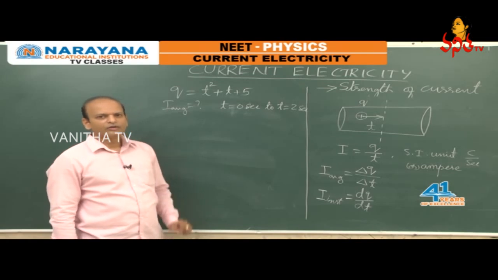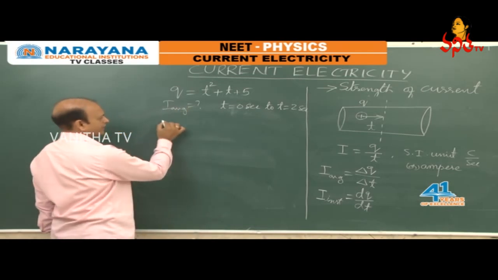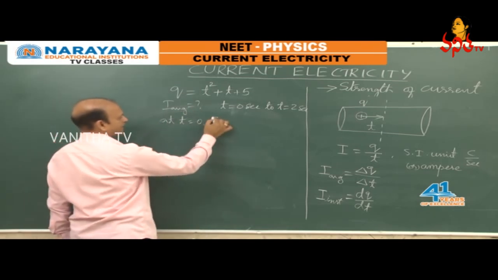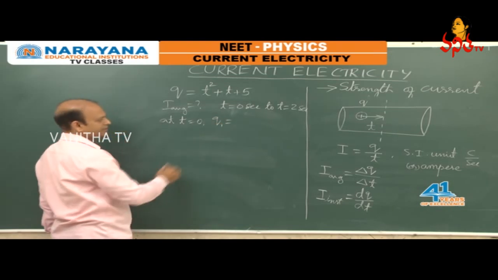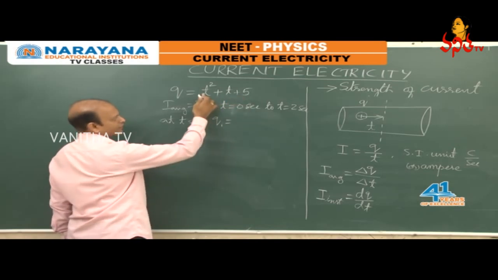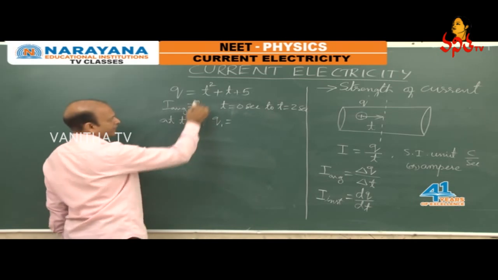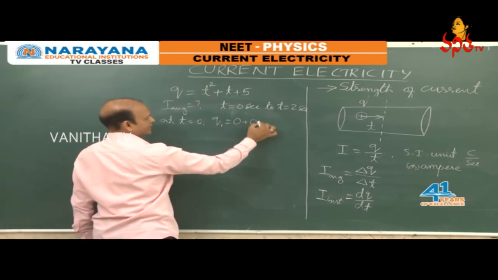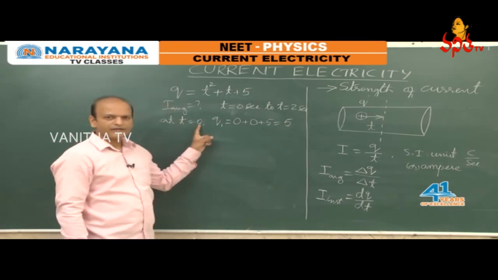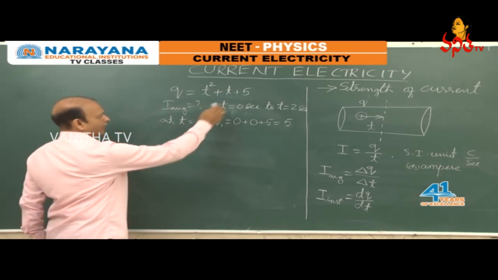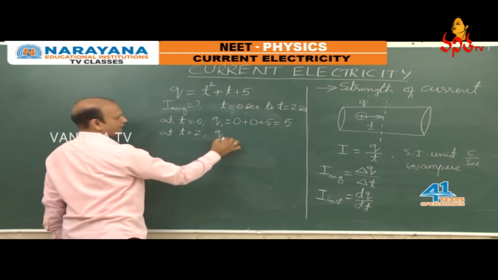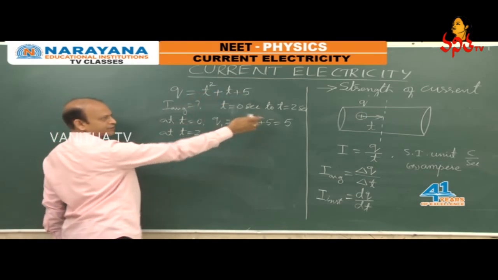Now, for that, if you look at this equation, at t equal to 0, what is the charge passing? In the first instant, it is t square plus t plus phi. Wherever t is there, we have to substitute 0, then 0 square plus 0 plus phi, that will be 5 coulomb. That is at t equal to 0 instant. Now, at t equal to 2 second instant, charge passing through this is, wherever t is there, we have to substitute 2.